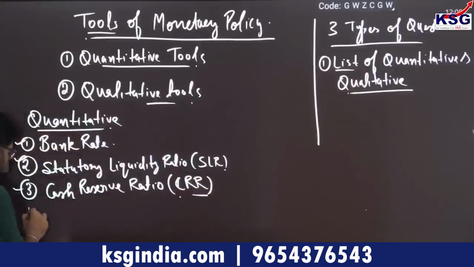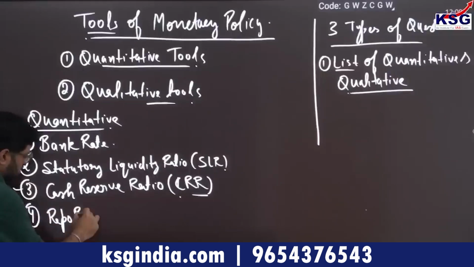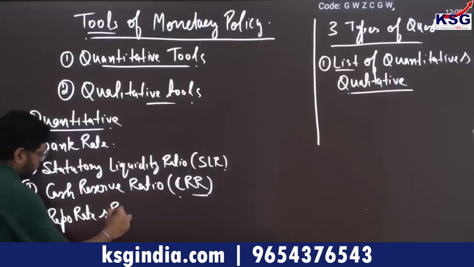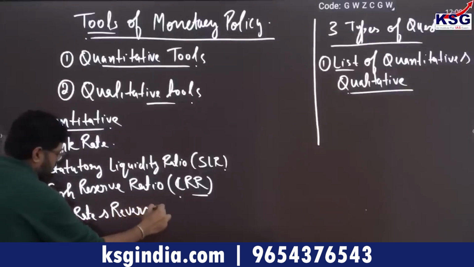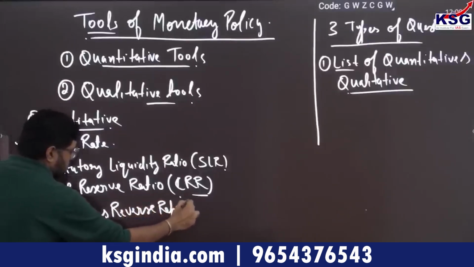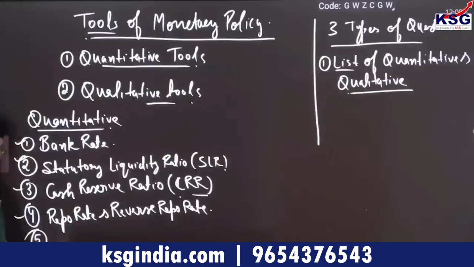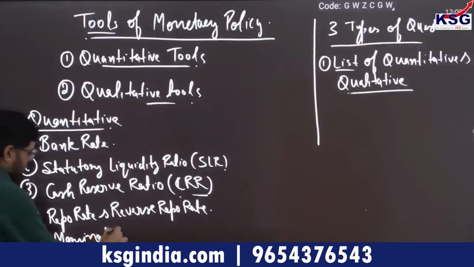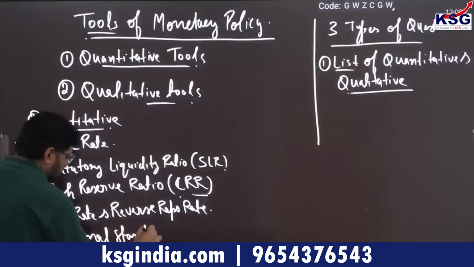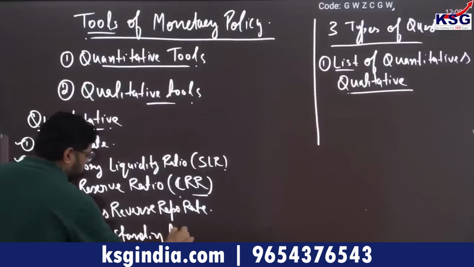Clear? Number four, that is repo rate and reverse repo rate. Number five, marginal standing facility.